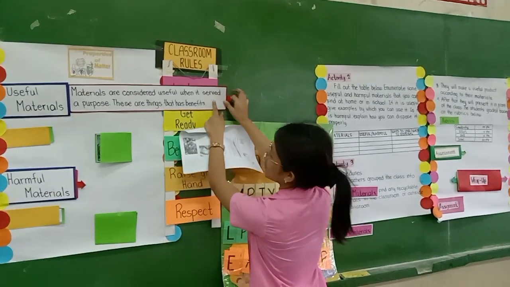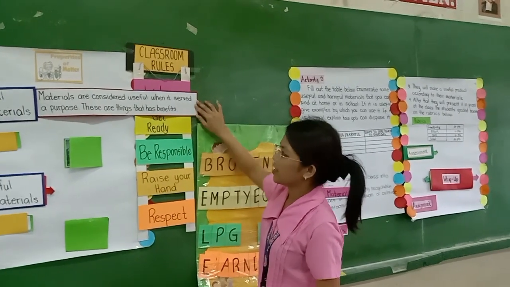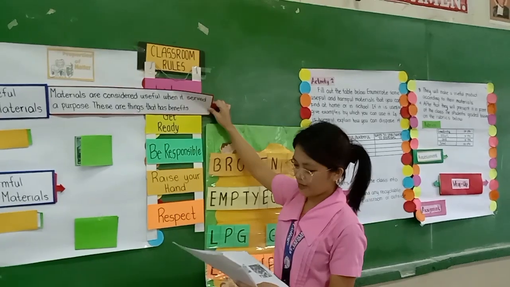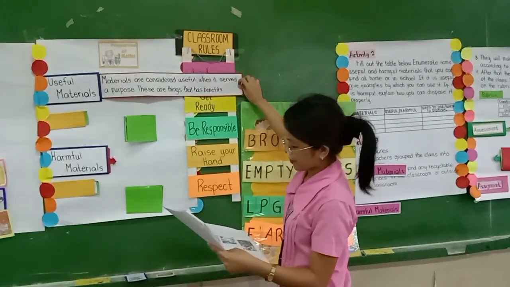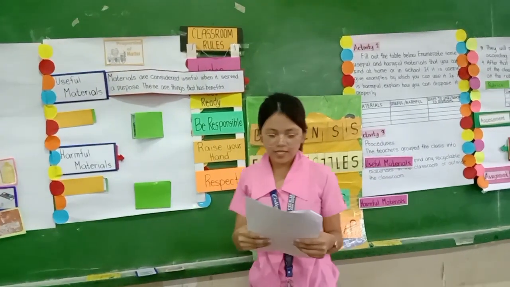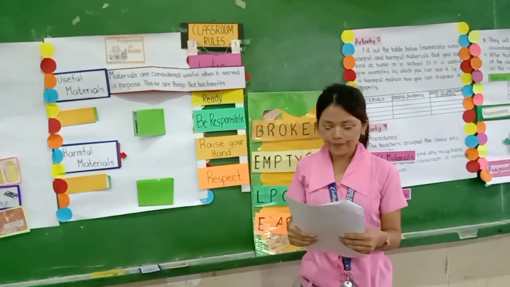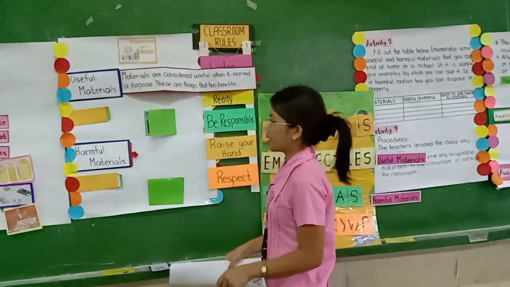Materials are considered useful when they serve a purpose. These are things that have benefits to use. These materials may have properties such as durability, flexibility, elasticity, and resistance to heat.